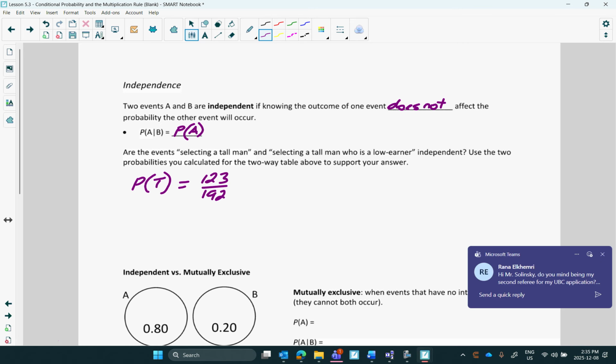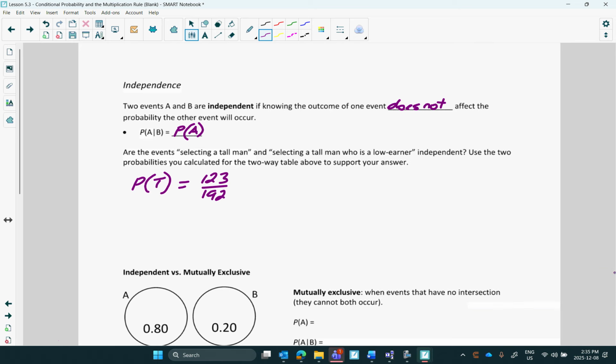The probability of selecting a tall man who is a low earner, so the probability of tall, given that they're low, which means not high, was 22 out of 43.